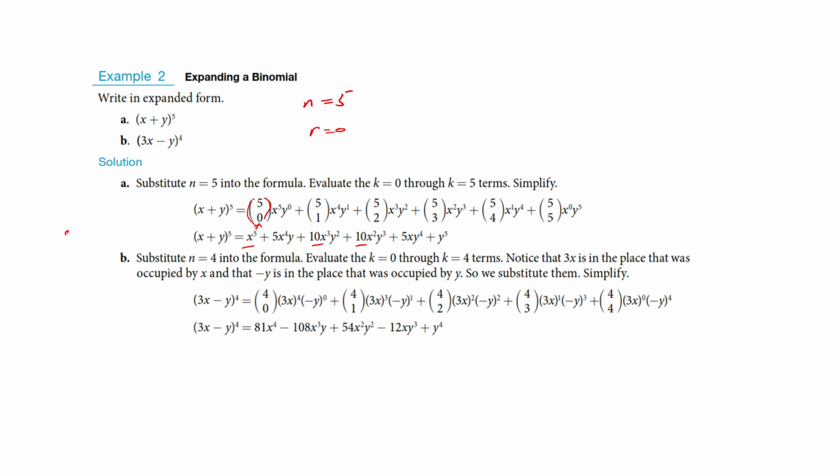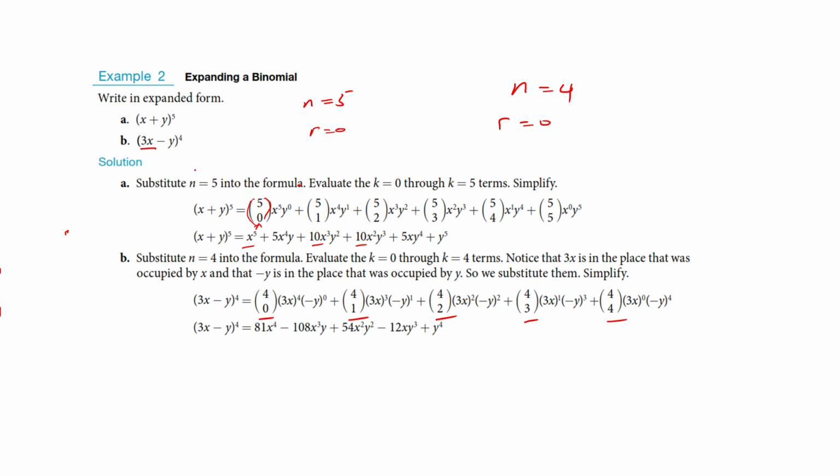Now, look at a more difficult one here. Our exponent is 4, so n is going to be 4, and we're going to start with r being 0 all the way up. We're going to have 4 taken 0 at a time, 4 taken 1, 4 taken 2, 4 taken 3, 4 taken 4. What's a little different here is the first term. Why does my pen keep disappearing? There it is, okay.